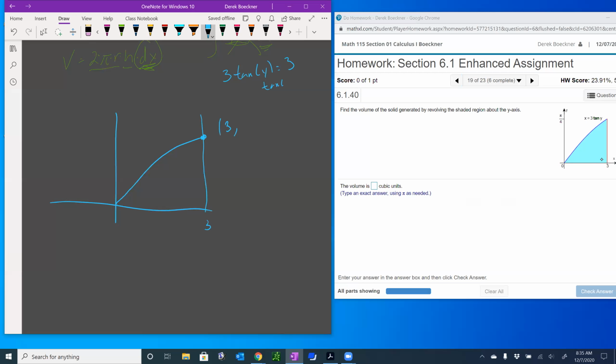So this tangent of y equals 1. So y equals pi over 4. That part's on the y-axis. It gave it to you. Oh, it is. Nice. Okay. But that's how you find it.